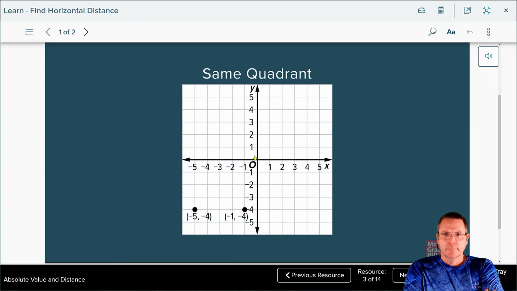When 2 points are in the same quadrant and they have the same y-coordinate value, subtract the absolute values of the x-coordinates to find the distance between the 2 points. The absolute value of each x-coordinate will give the distance from the point to the y-axis.